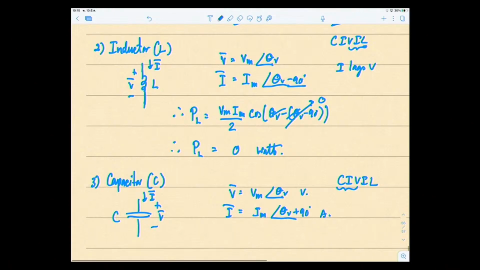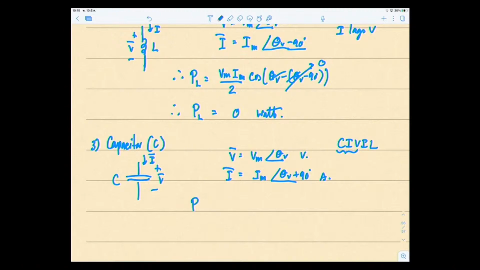Substituting in the formula, the average power for the capacitor is Vm Im over 2 cos of theta V minus theta V plus 90 degrees. The thetas cancel, and you're left with cos 90, which is equal to 0. So again, similar to an inductor, the average power for a capacitor is equal to 0 watt.